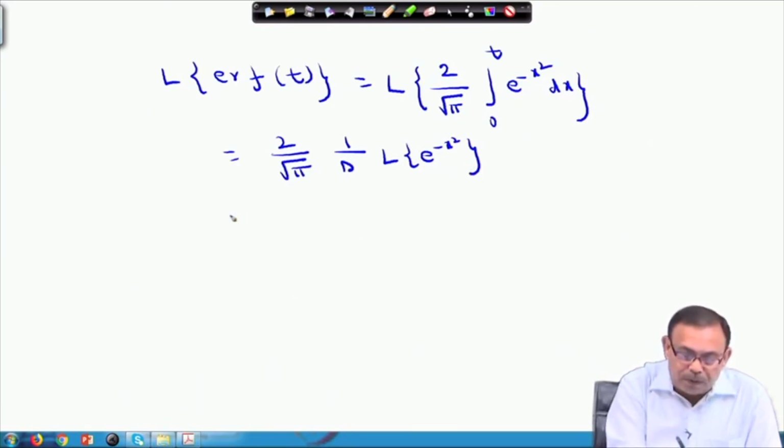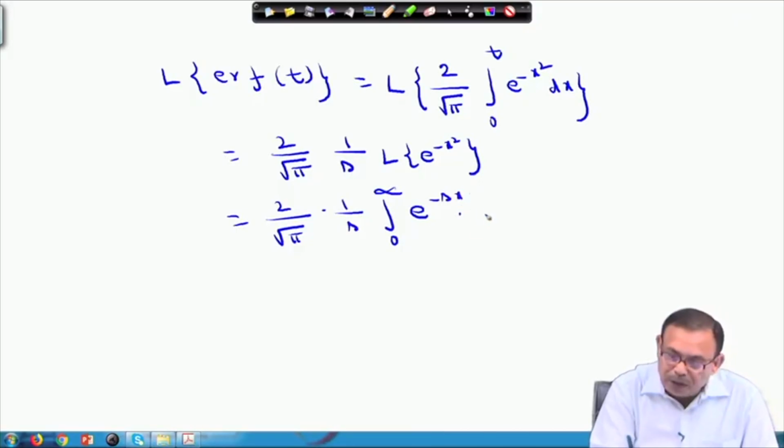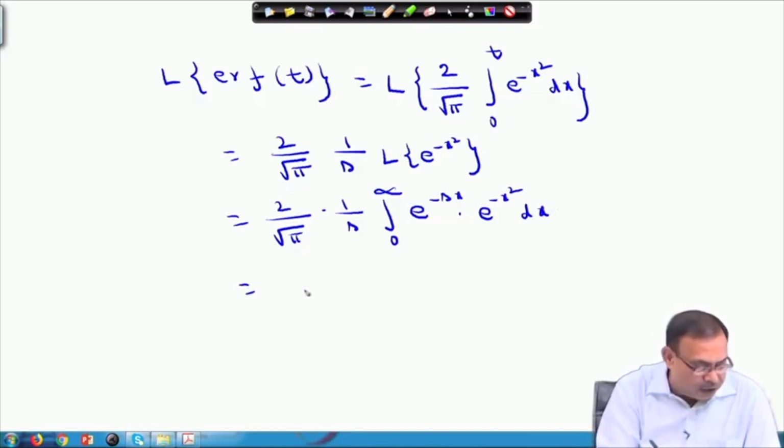And the Laplace transform of e power minus x square, I can write as 1 by s into integral from 0 to infinity of e power minus s x into e power minus x square dx. This again uses the basic definition of Laplace transform.